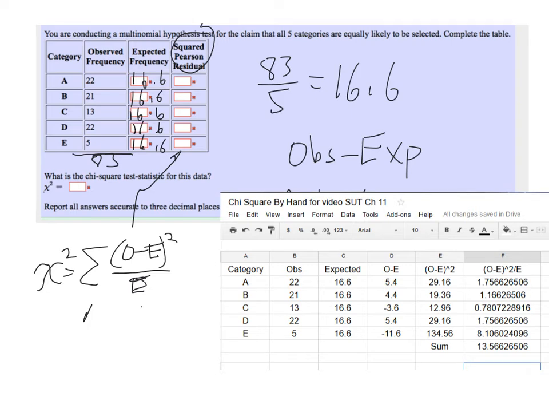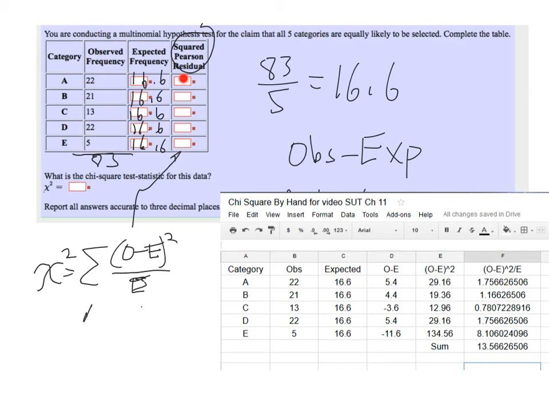So to finish this part of it off, there's the differences, the observed minus the expected. Here's the squares of each of those differences, the squared residuals. And then you have to divide each of those by the expected. So what I did on the spreadsheet is I took that 29.16, which is 5.4 squared, and I divided that by that expected 16.6.